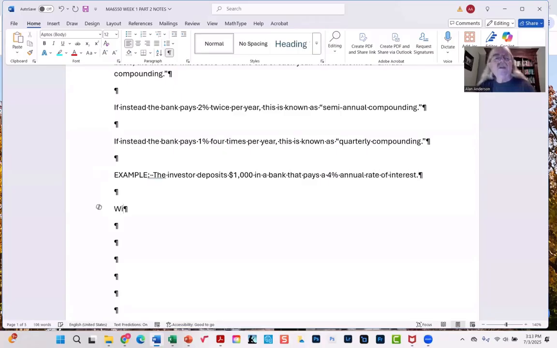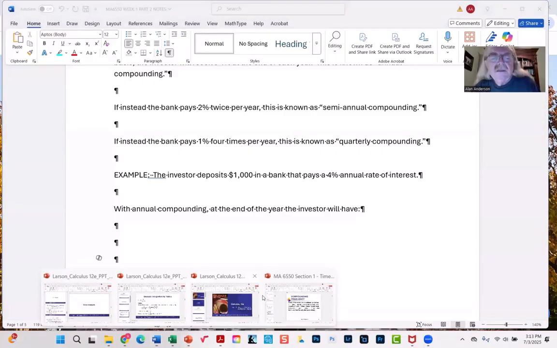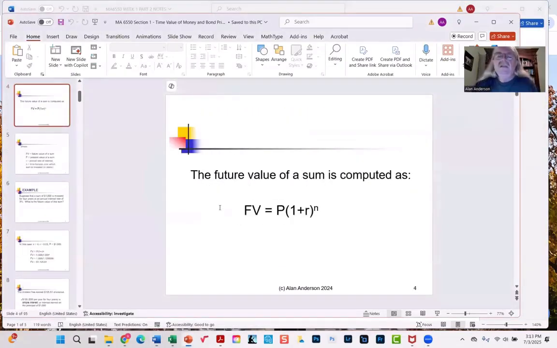Okay, so with annual compounding, at the end of the year, the investor will have. All right, and so for this, let's go back and revisit our formulas that we saw last time. So for future value, we have P times 1 plus R to the n power.